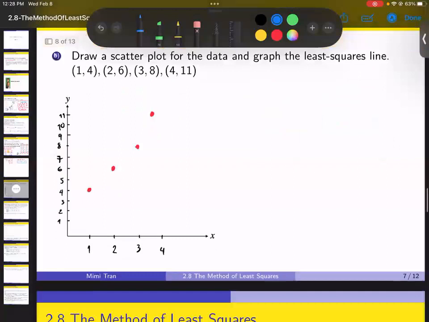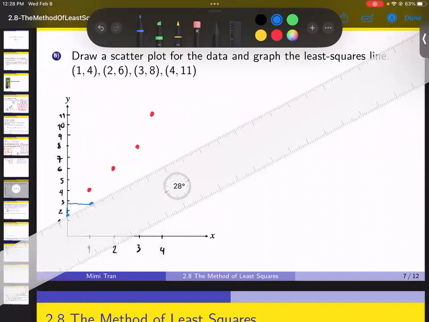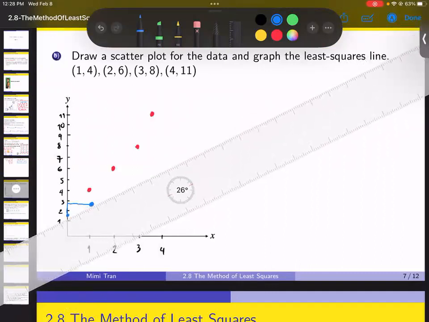So 1.5 is roughly here. I'm going to rise roughly 2.3 units, right there, and run over 1, right there. I only need 2 points to graph a line.